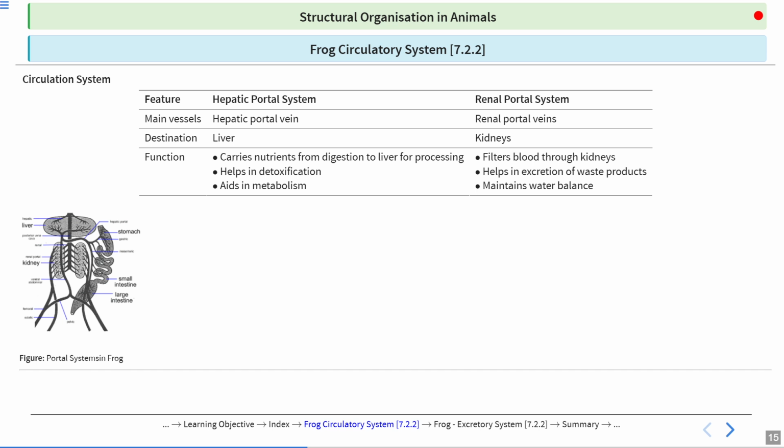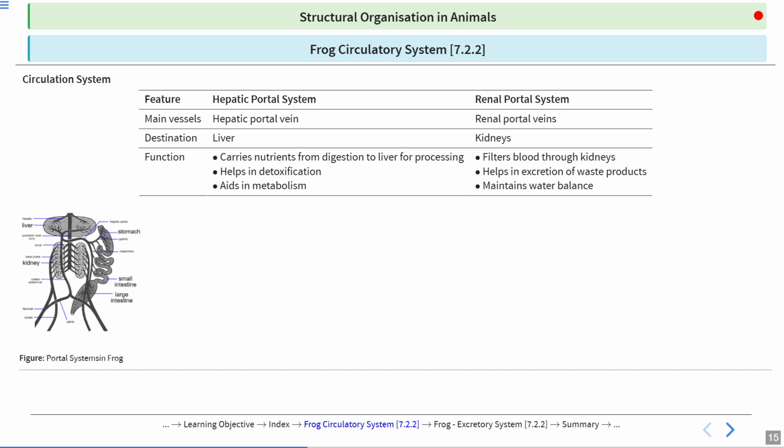They may contain some toxic substances, so detoxification occurs in the liver, because the liver helps in the detoxification of toxic substances. It also helps in metabolism. So now you can understand why this portal system is necessary.